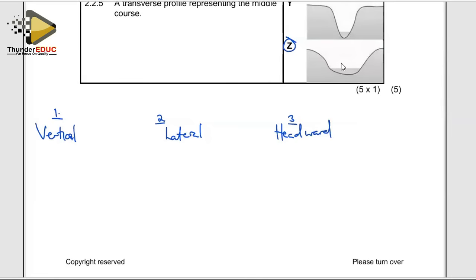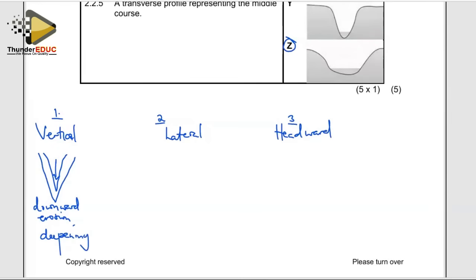Right. So what happens mainly in the upper course is there is vertical erosion. Vertical means downward erosion. Downward in the sense that it acts downward like that, which means it is responsible for deepening the river channel.